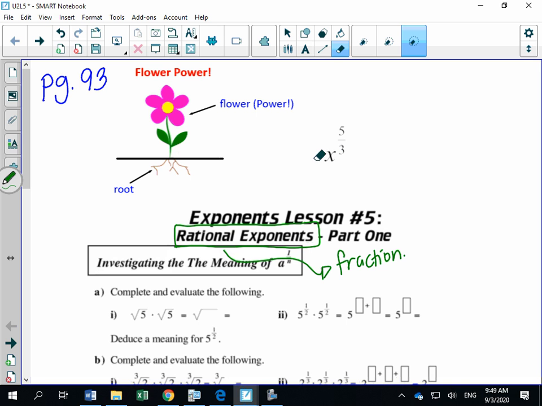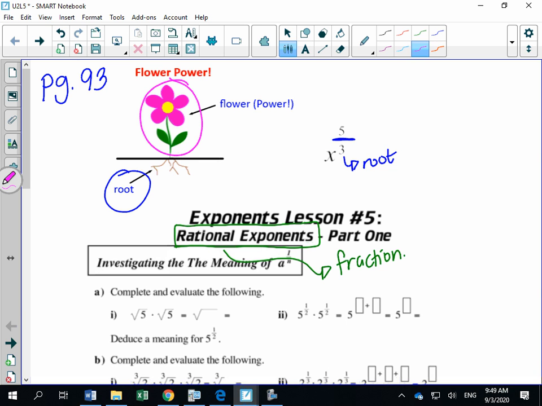So how you're going to do that is if you remember this flower power, you know that roots grow below ground. So if this is your ground here, that 3 represents your root. And what grows above ground are flowers, which rhymes with power. So this 5 is going to be the power.